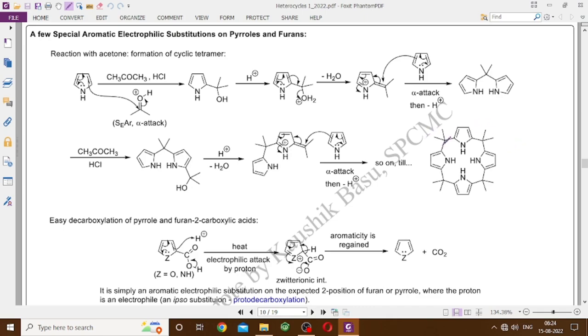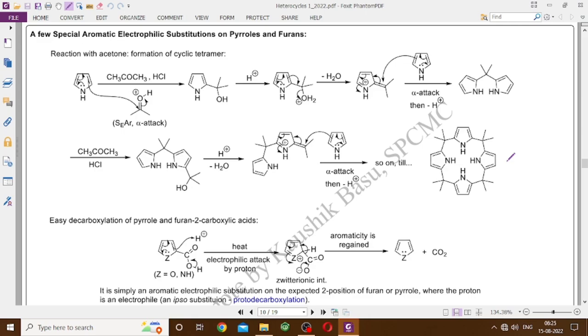Because of these gem dimethyl groups, you have a situation where the cyclization, that is the cyclic tetramer formation, is more favorable thermodynamically compared to linear polymer formation. That is why we get the tetramers.